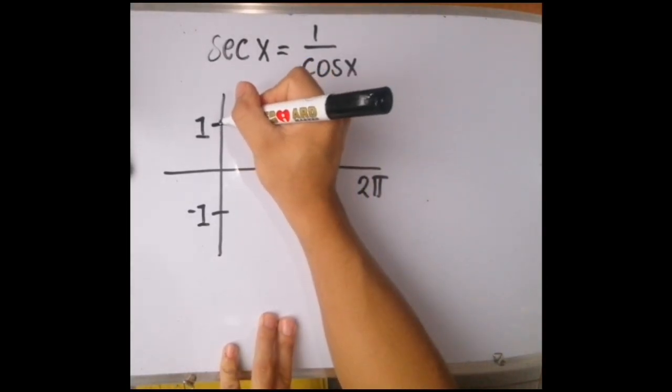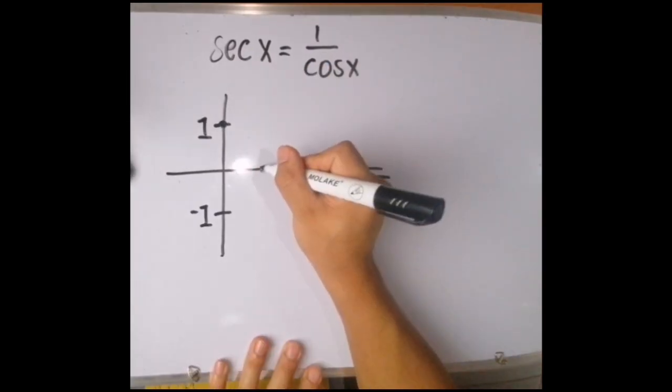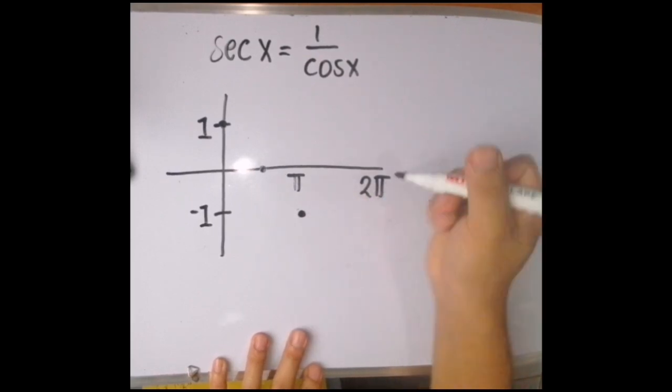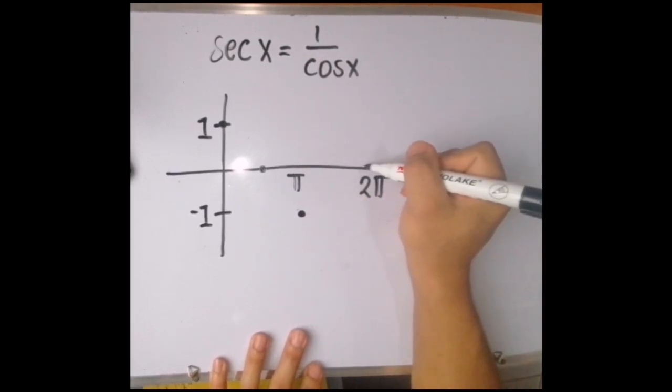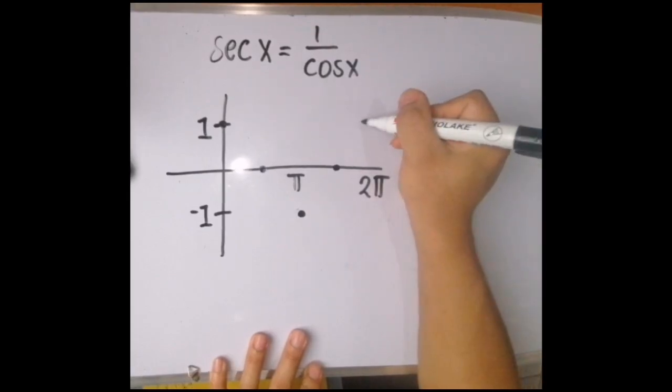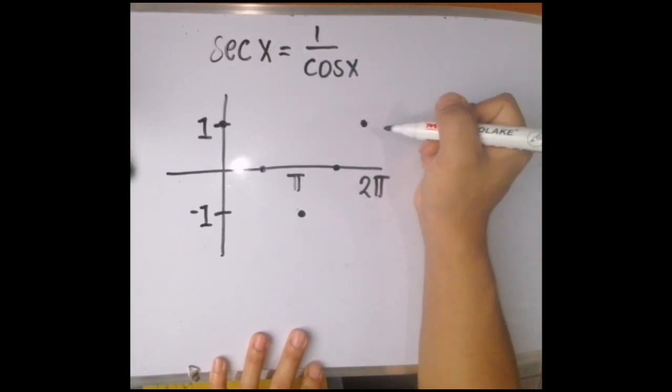So this will start here. Second point is here, and then down to negative 1, back to here, and back to negative 1.